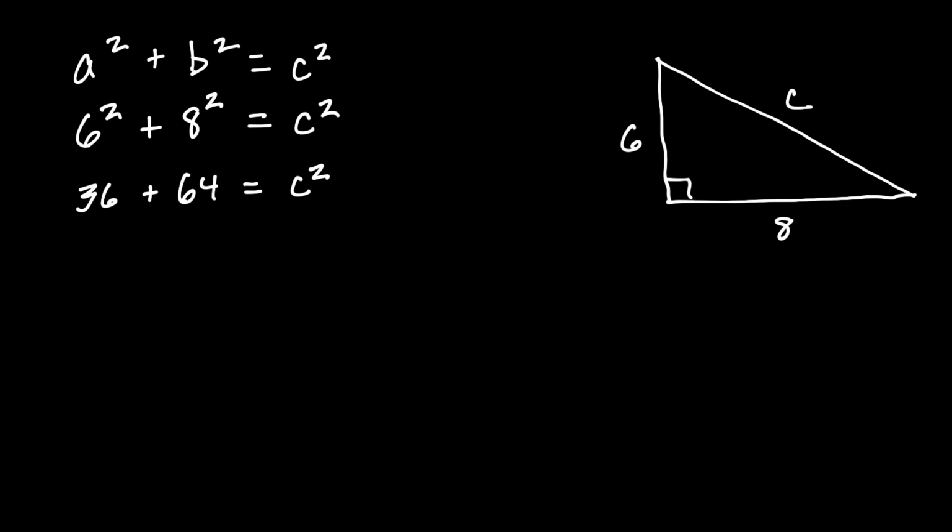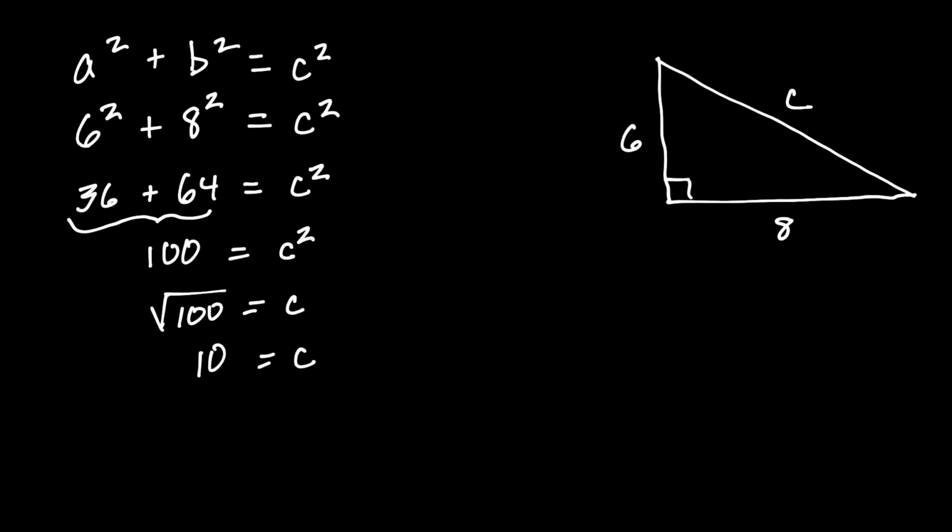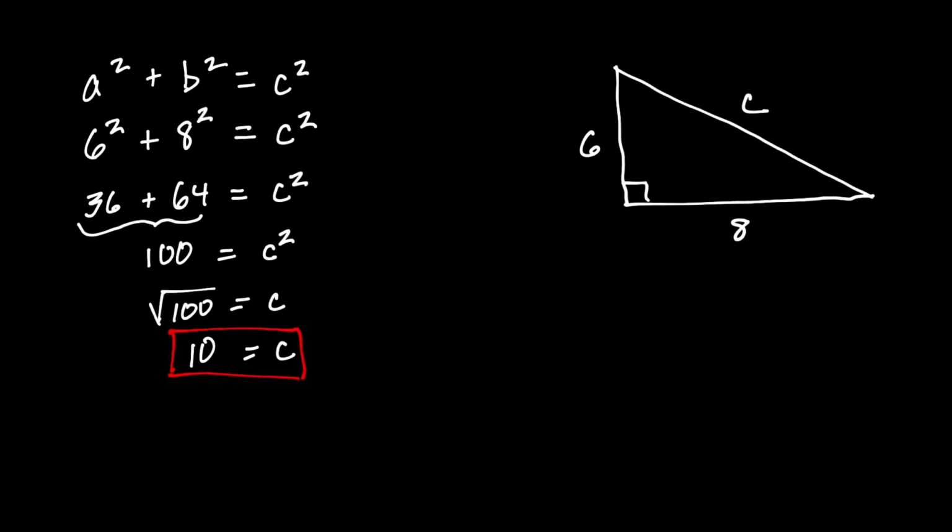Then I will add these two numbers together, and that equals 100. So c squared equals 100. I have to take the square root of both sides of this equation, and the square root of 100 is 10. So that is our final answer: the hypotenuse we were looking for is 10.